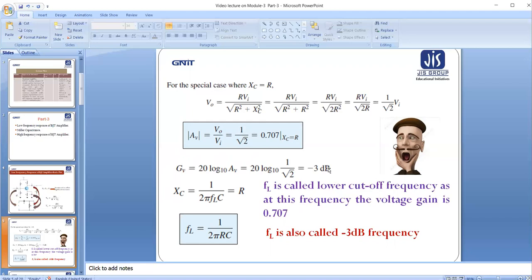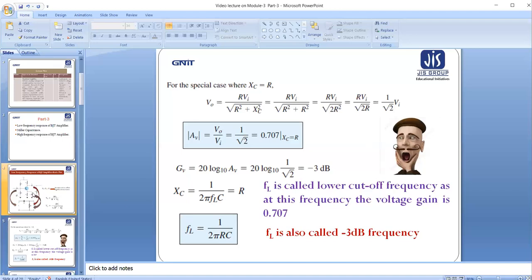Now we go to this XC equals R condition. XC means 1 by 2 pi FC, we know. So 1 by 2 pi FC equals R. So F equals 1 by 2 pi RC. This frequency is written as F suffix L, which means the lower cutoff frequency. So we can say that at this particular frequency, the gain of the circuit becomes minus 3 dB.